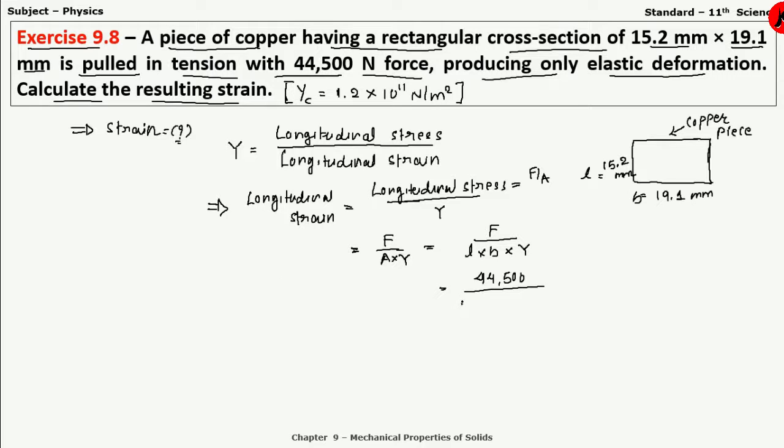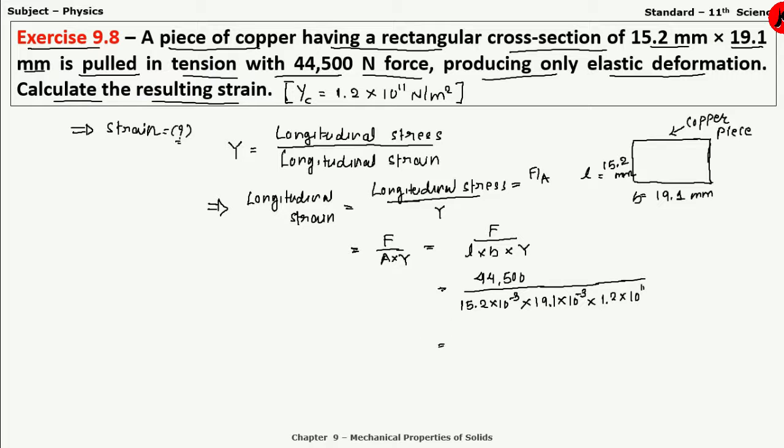For converting to meter, multiply it by 10 raised to minus 3. So 15.2 into 10 raised to minus 3 meter into 19.1 into 10 raised to minus 3 meter. And Young modulus Y of copper, which is 1.2 into 10 raised to 11, right?